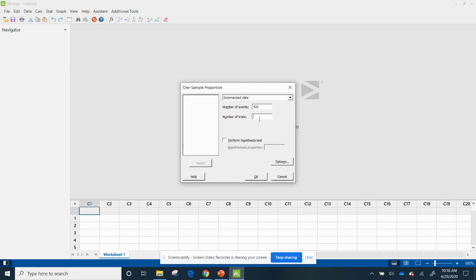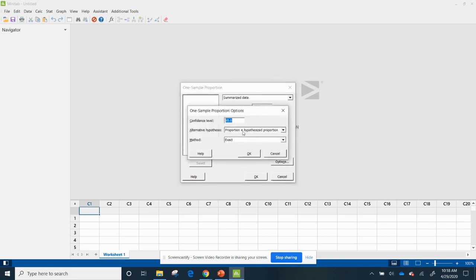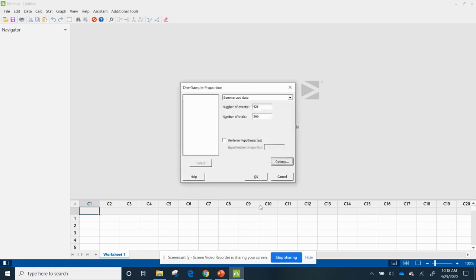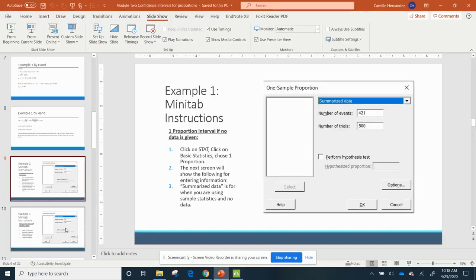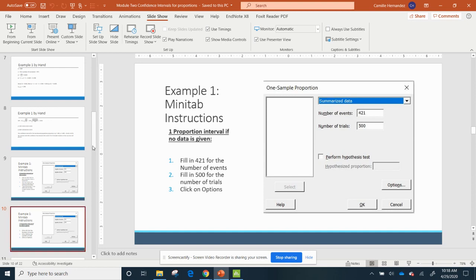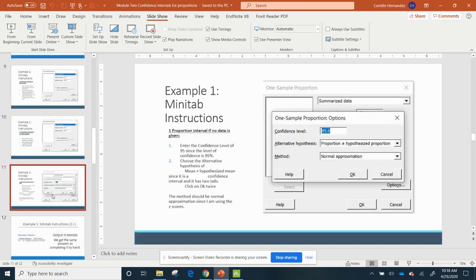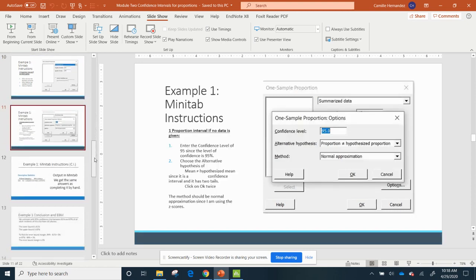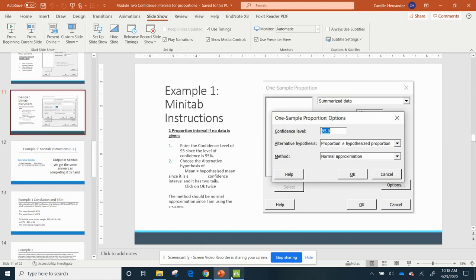So there we go. So I put 421 for my events and 500 for my trials. My options, I'm keeping it at 95% and I'm going to keep it as exact. Okay, and you can see here all the directions of how to do that.